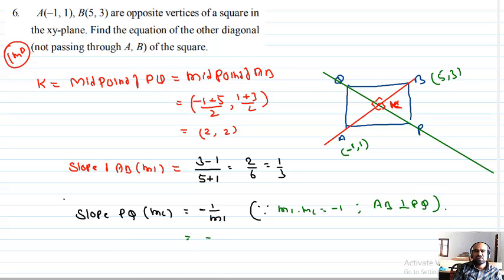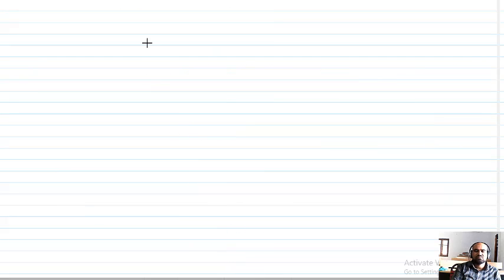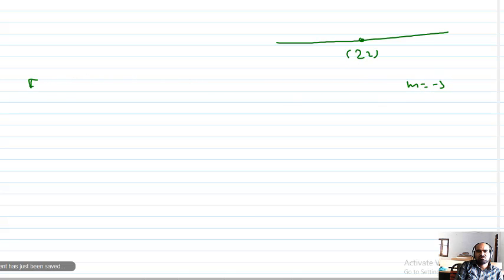So this is equal to minus 1 by M1, meaning 1 by 3, that is equal to minus 3. Now we have the slope of PQ as minus 3. Now I can find the equation of PQ directly. Point is 2 comma 2, slope is minus 3. Equation of PQ.